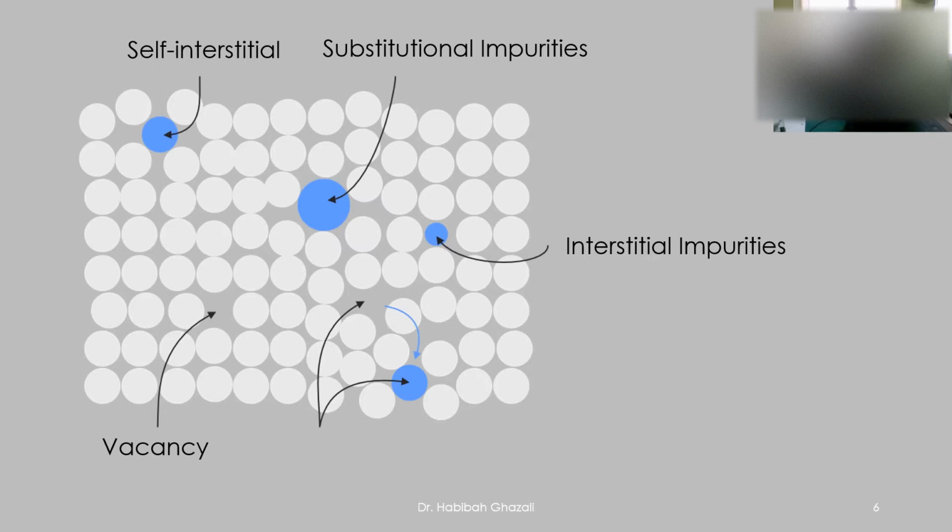So by alloying iron with carbon, we actually increase its mechanical behavior. We increase its yield strength and also tensile strength.